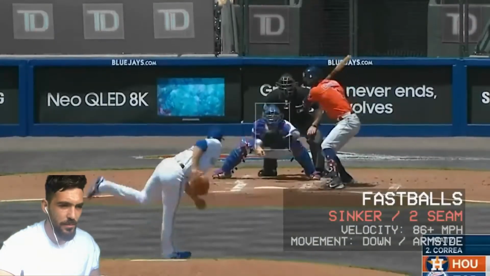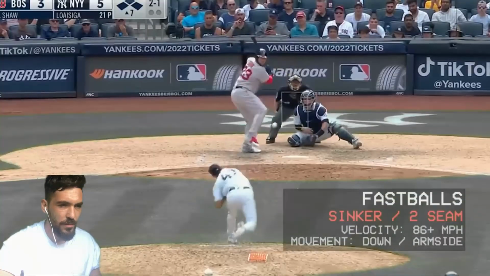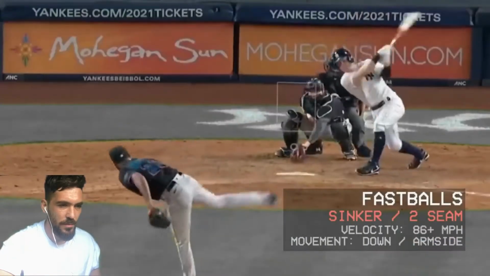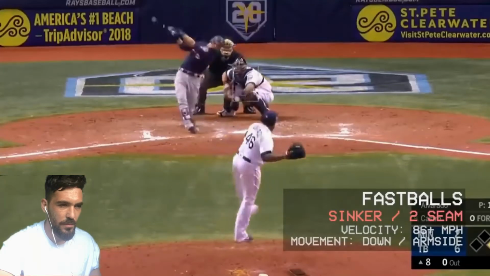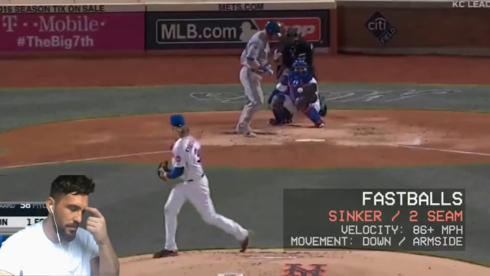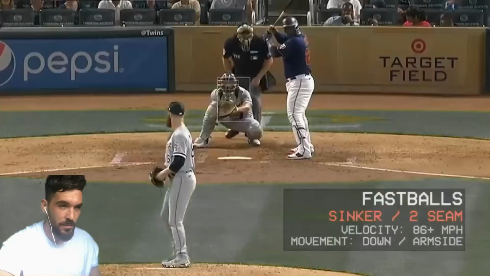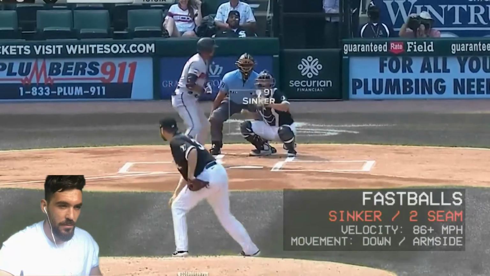The most common practice is to call it a two-seamer if it arrives up in the zone or if it runs laterally without much downward movement, reserving the term sinker for a two-seamer that drops or that arrives low in the zone. But it's also fairly common to use these terms interchangeably or to just use one term. For example, Statcast will call this pitch a sinker every time, even if it arrives up in the zone.